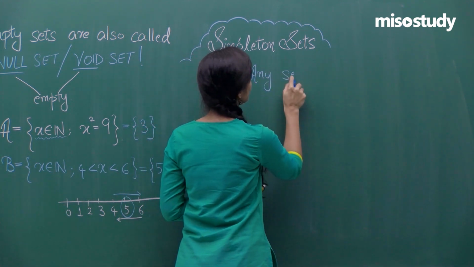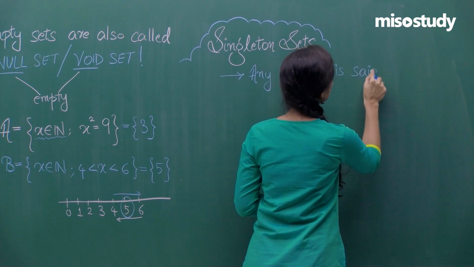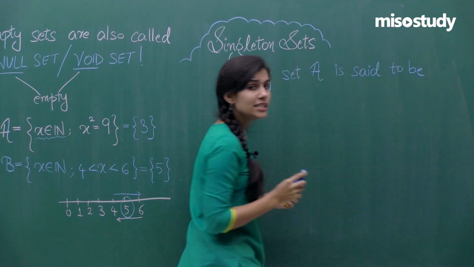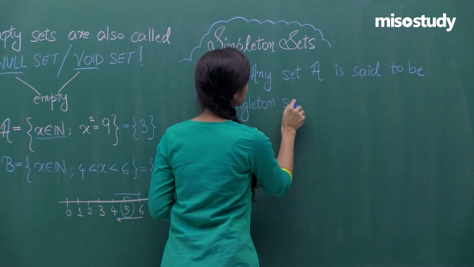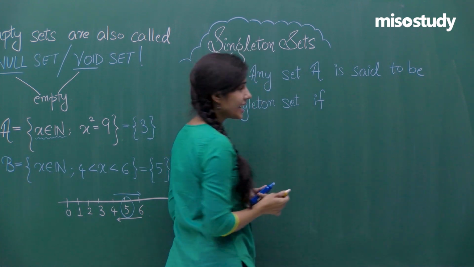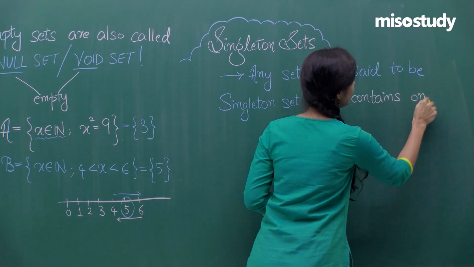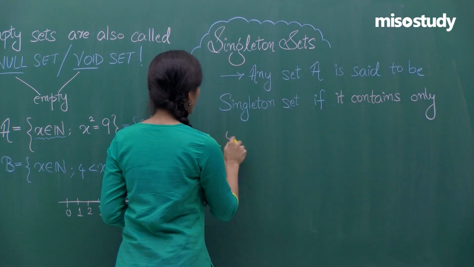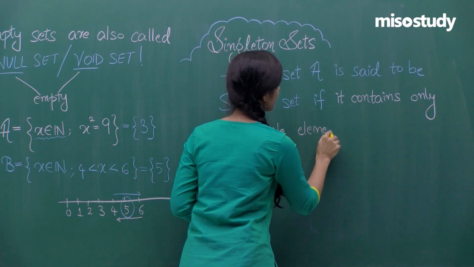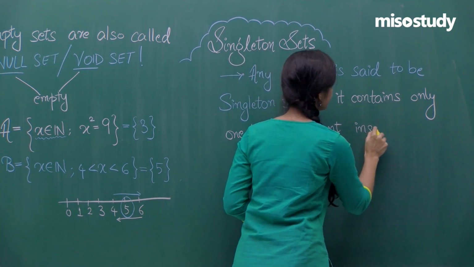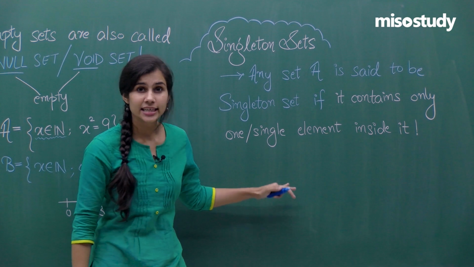Any set A is said to be a Singleton set if it contains only one element, only one or a single element inside it. This is the formal description of what Singleton sets are.